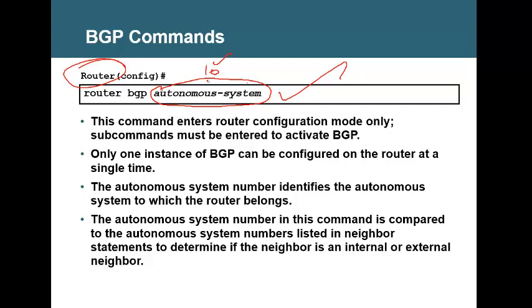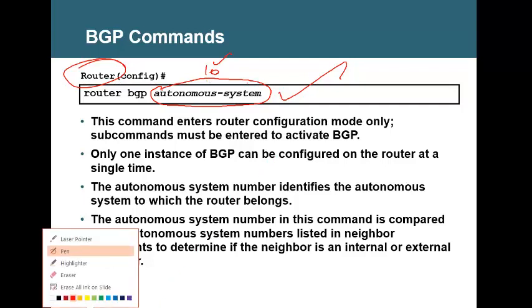We learned earlier, autonomous system is a group of routers or any BGP appliance that are under single technical control, single technical policy, single technical administration. That is what an autonomous system is.